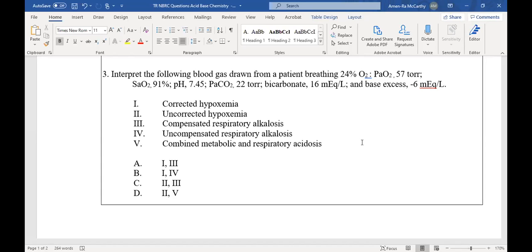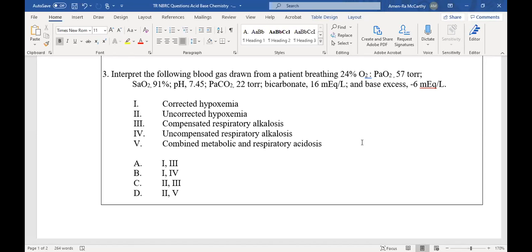Let's just look at the rest of the ABG. pH of 7.45 is what? Normal but leaning alkaline. So let's see who's causing this little lean. CO2 is 22. Don't just say what somebody else says.